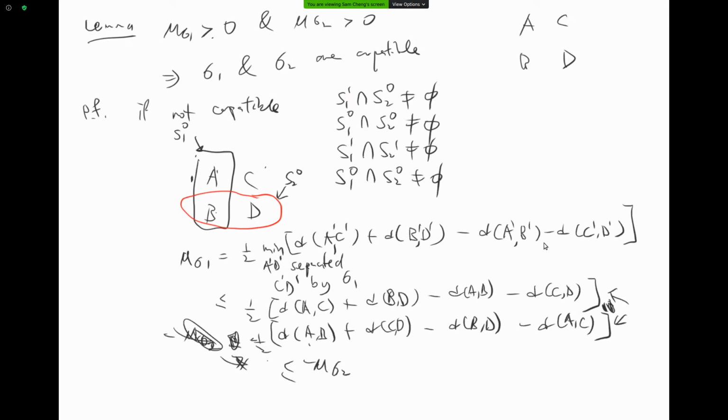And of course, if we say this is bigger than 0, and this is bigger than 0 here, I will have a contradiction, like 0 is less than 0. So this is a contradiction. So therefore, we must have the two splits there are compatible with each other.